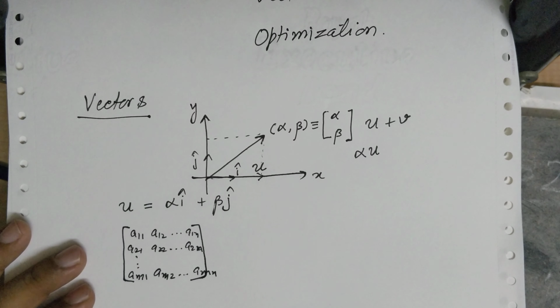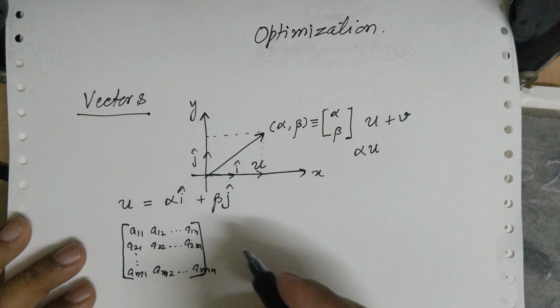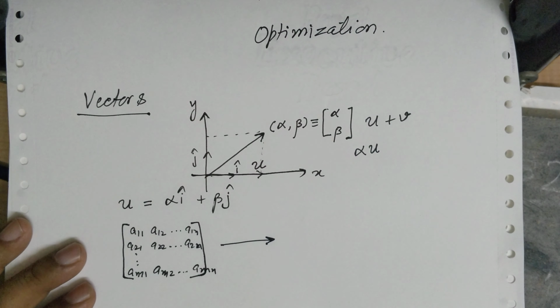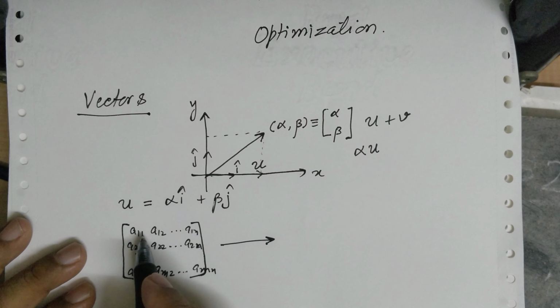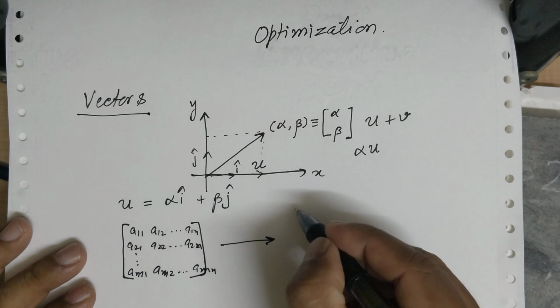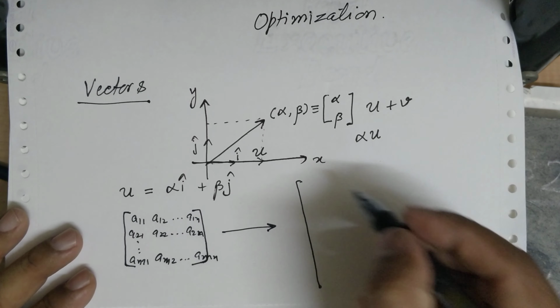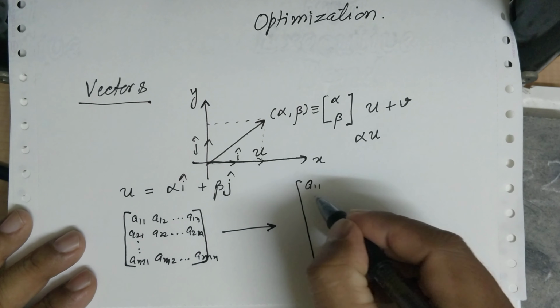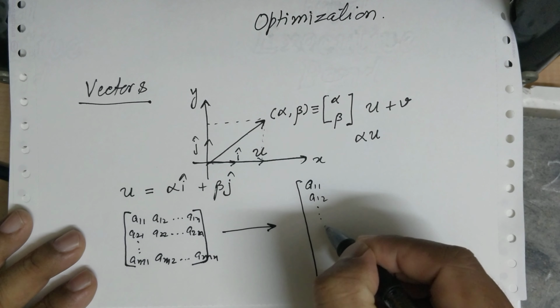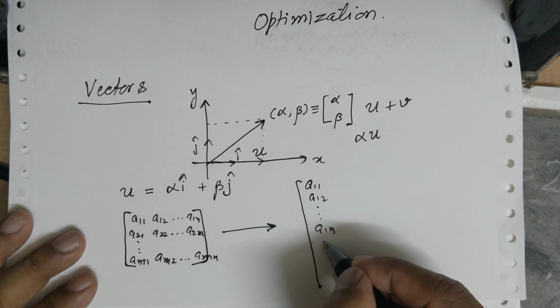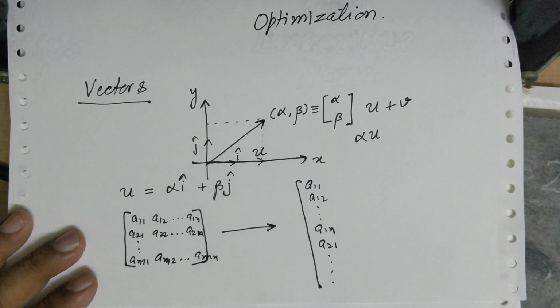In many processing tasks, what one does is one converts this into a column vector. So what you can do is you can start with the first row, you write down a11, a12 and so on, go up to a1n, and then you start with the second row, a21, and you keep doing this.